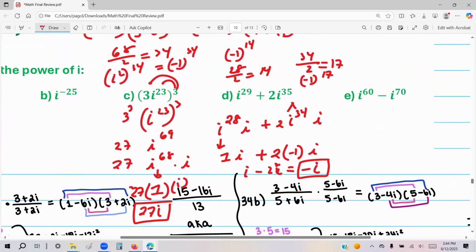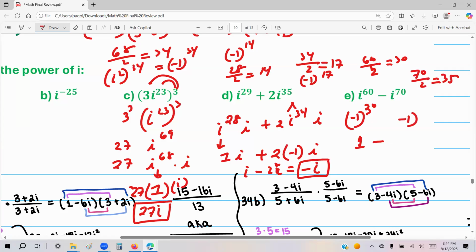60 and 70, they both are even numbers. So answer will be 1 or negative 1. What is half of 60? 30. So if you have negative 1 30 times, what's the answer? You have positive 1. And now what is half of 70? 35.